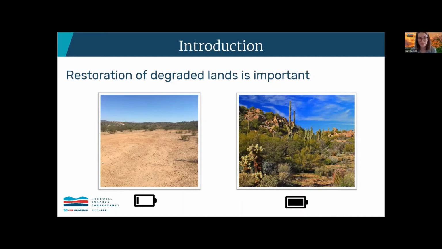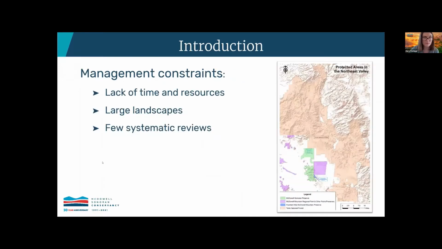So we want to bring that battery back up, because habitat degradation is one of the primary causes of species extinctions and loss of biodiversity. Habitat loss, fragmentation, as well as degradation are really important issues for us to address.